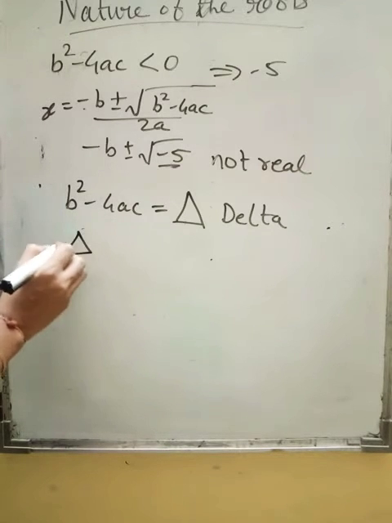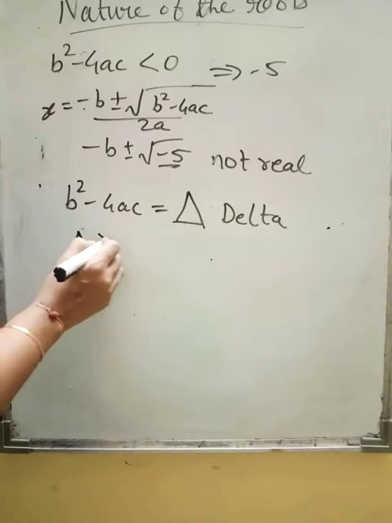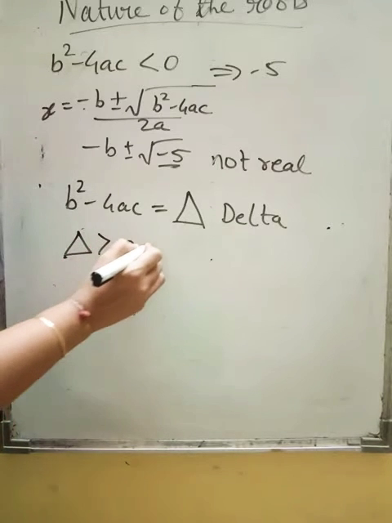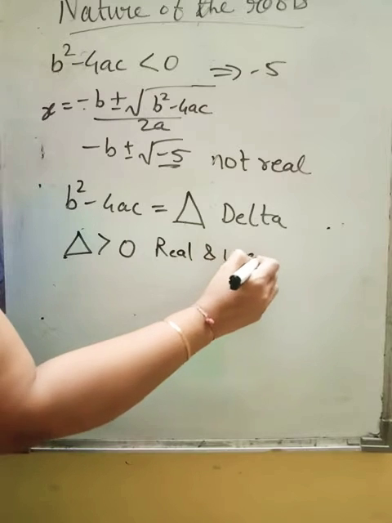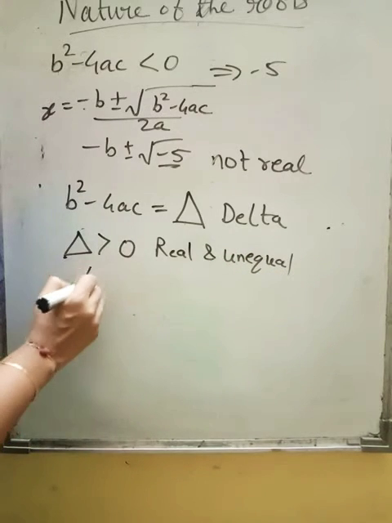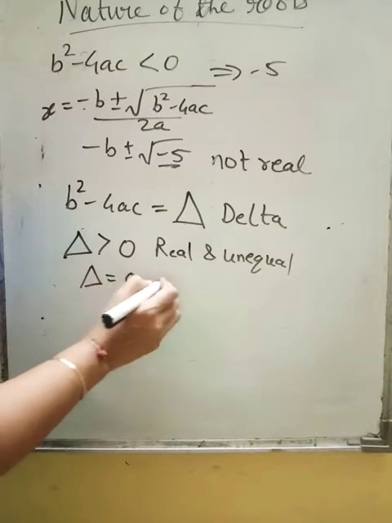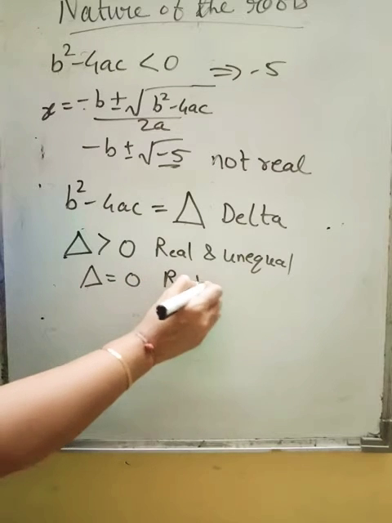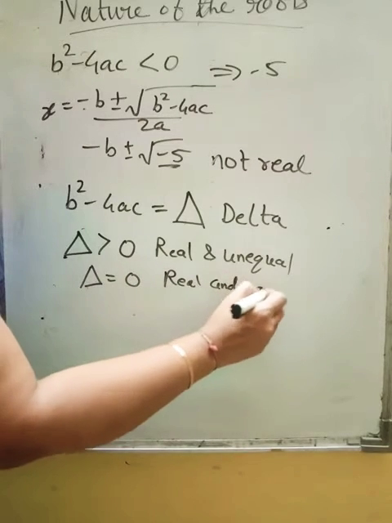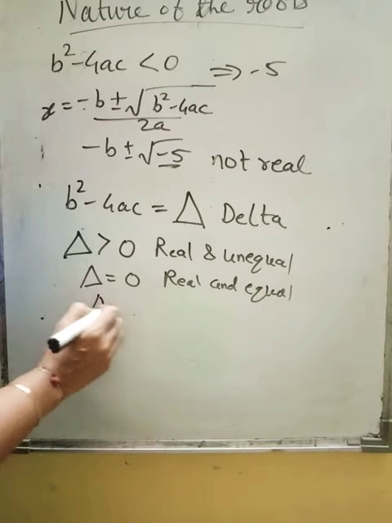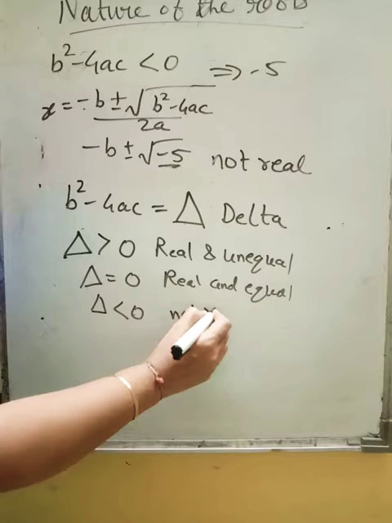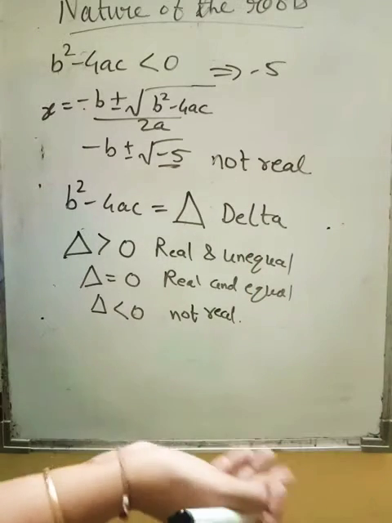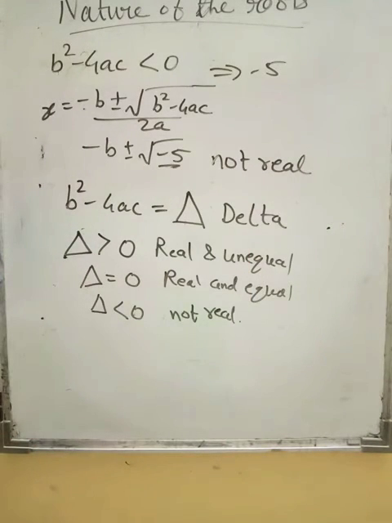So if delta is greater than 0, you will get real and unequal roots. If delta equal to 0, you will get real and equal roots. But if delta is less than 0, you will get not real roots. After that there is no question of further calculation. Okay, so is it clear?